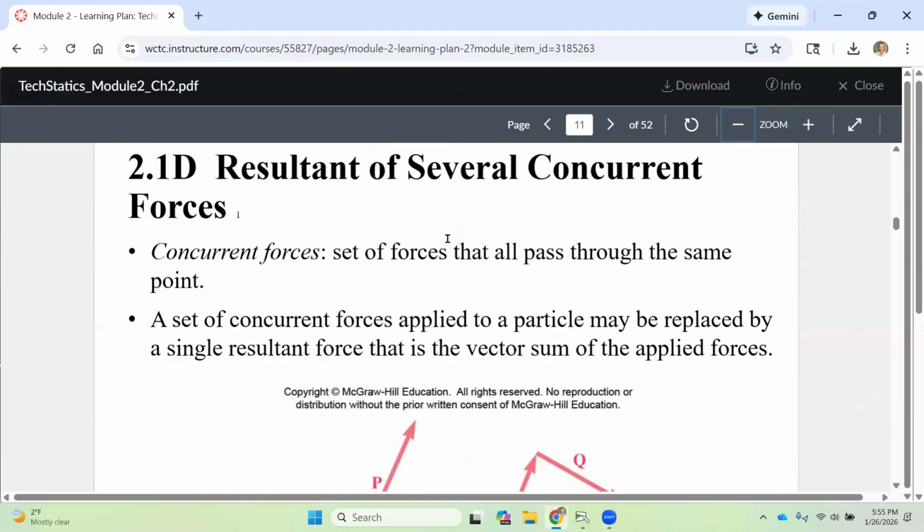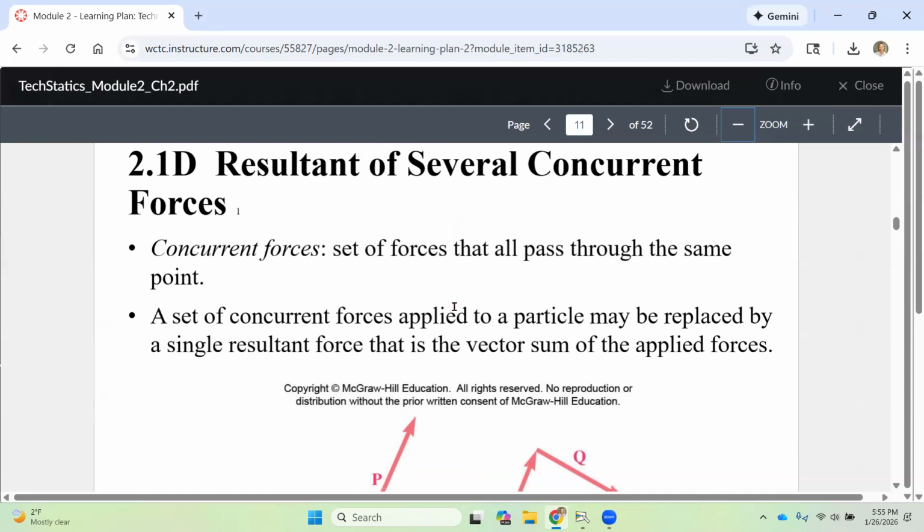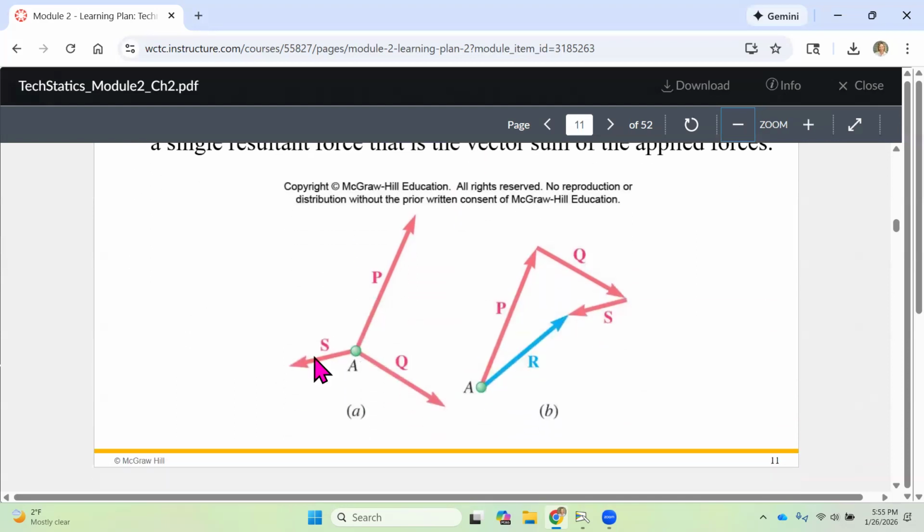Resultant of several concurrent forces. Now, we haven't defined what a concurrent force is. So here you're going to notice that a concurrent force system is going to be a set of forces that share the same point. Okay, so if we look down here at this illustration, on the left-hand side here, you're going to notice that I have three forces that all originate, or what we would say have a point of application of point A. Okay, so notice they share that same point.